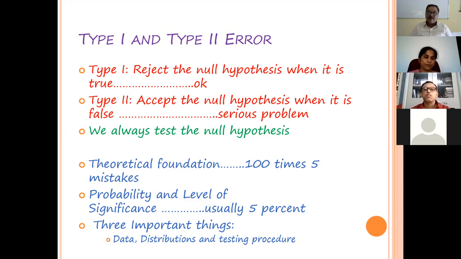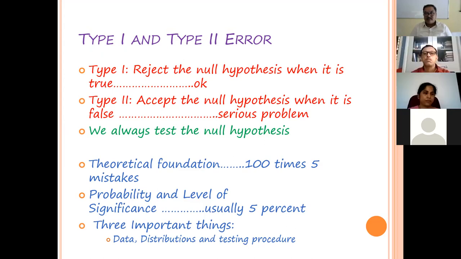If we reject the null hypothesis, then we can go for the alternative hypothesis. If you cannot reject the null hypothesis, we are not accepting the null hypothesis; simply, we are not going to accept the alternative hypothesis. Meaning, we can reject the null hypothesis or we cannot reject the null hypothesis. These are the only possibilities.